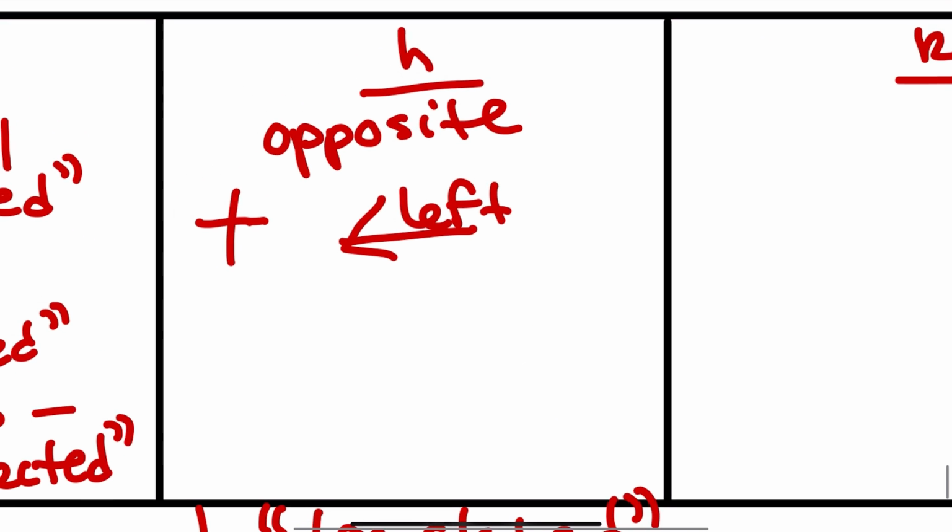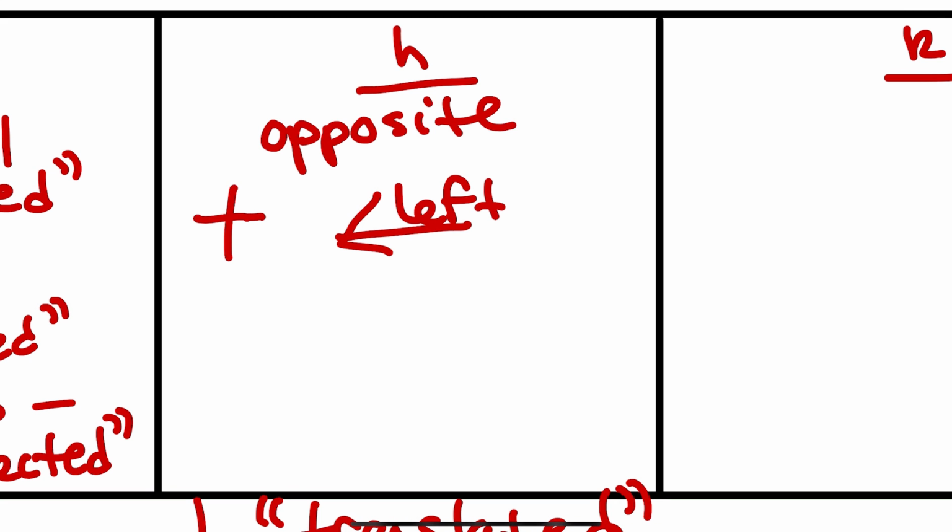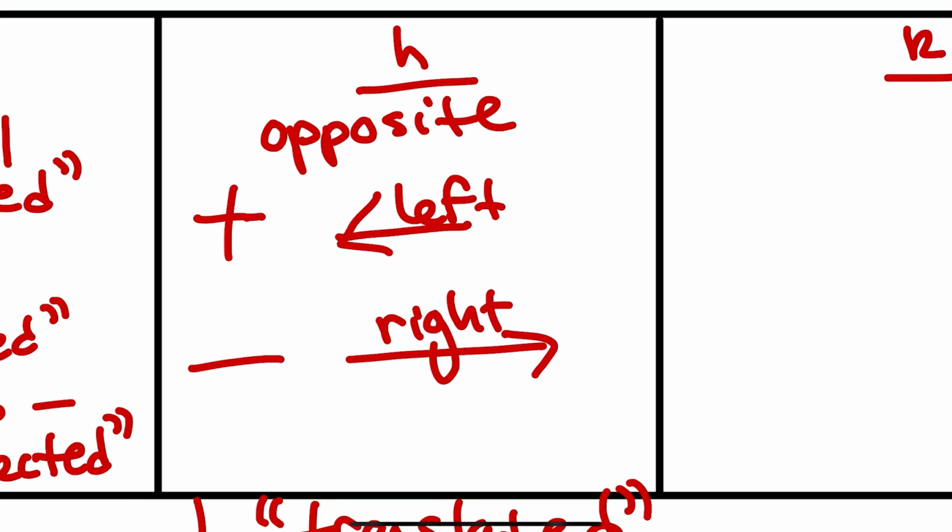So our H is going to be translated to the left if it's positive. And if it's negative, it's going to be translated to the right. Our directions are really important in here, so make sure you know which way is which. Positive goes to the left, negative goes to the right, which is opposite of what we usually do, because H is weird.